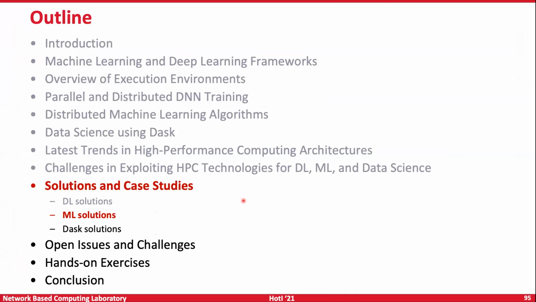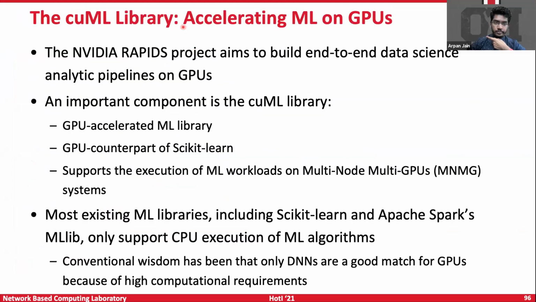Okay. So now we start talking about some of the ML solutions that we have developed. So in this context, we have briefly talked about the cuML library. I'll talk about this again. This is from NVIDIA as part of the RAPIDS project, and it aims to build end-to-end data science analytics pipelines on GPUs. That is the goal of the NVIDIA RAPIDS project.